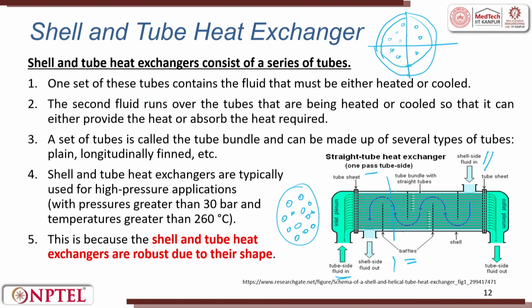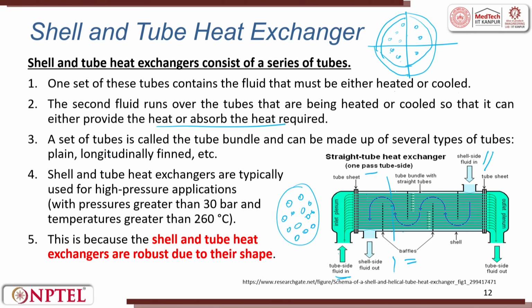One set of these tubes carries fluid that must be either heated or cooled. Anything can flow through, the working fluid can be anything. The second fluid runs over the tubes that are being heated or cooled, so that it can either provide the heat or absorb the heat required.